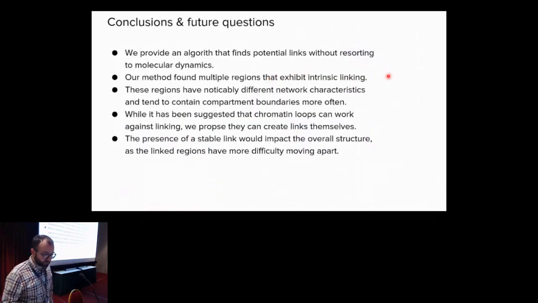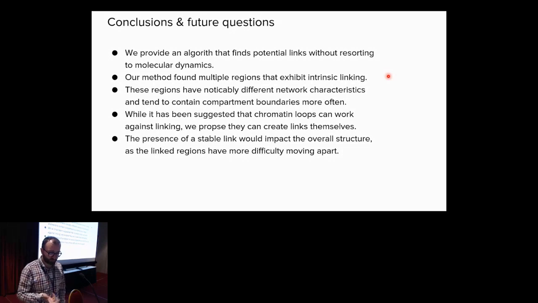To conclude, we provide an algorithm that finds potential links, provided the underlying ChIA-PET data is accurate. And our method found multiple regions with noticeably different network characteristics, tending to contain compartment boundaries more often.